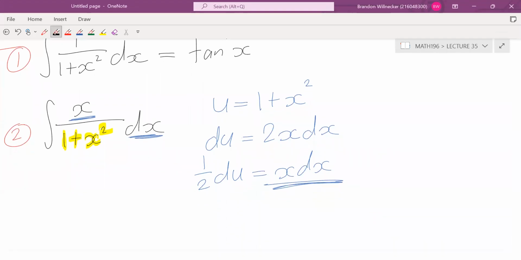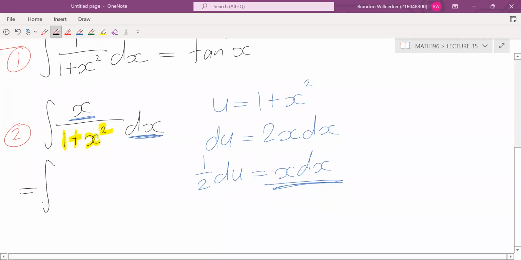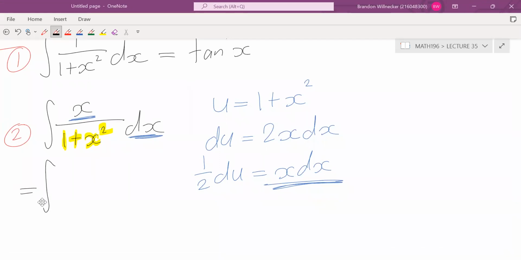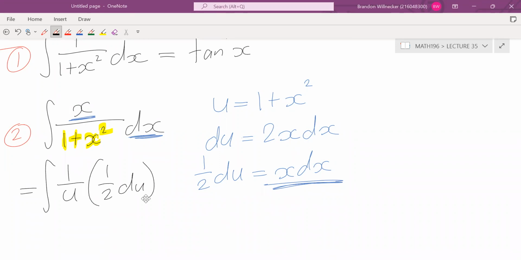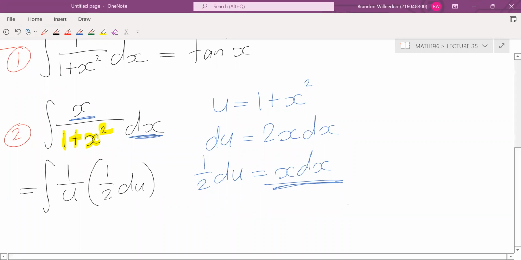Okay, so let's make the replacement. So this becomes the integral of 1 over 1 plus x squared becomes 1 over u. x dx becomes 1/2 du. Okay, I've just done the replacement. I've changed the function. I've changed the differential.